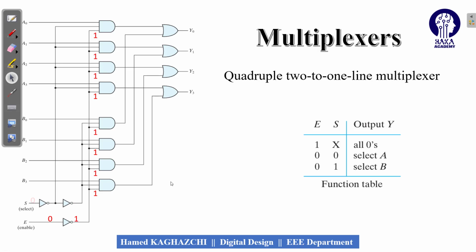Now it means that we have to look at the value of S. So when S is equal to 0, here will be equal to 1, and also here will be equal to 0. Again, because here is equal to 0, all of these inputs will be equal to 0.